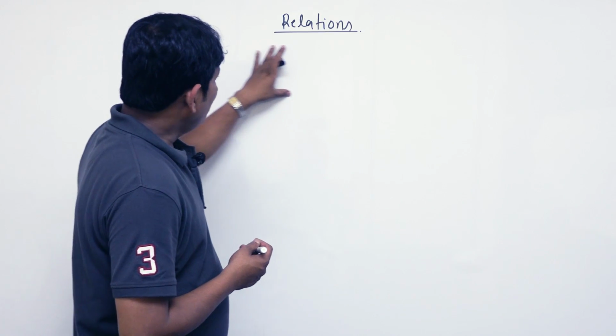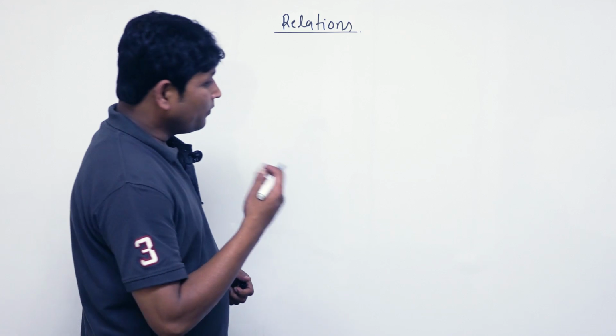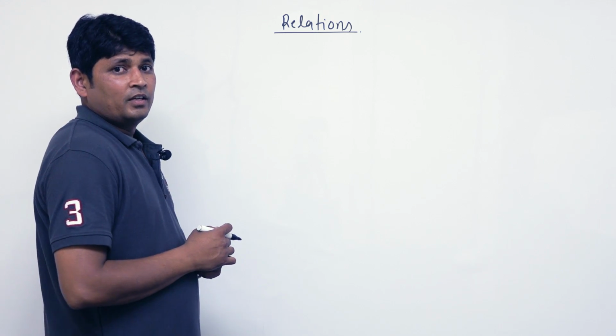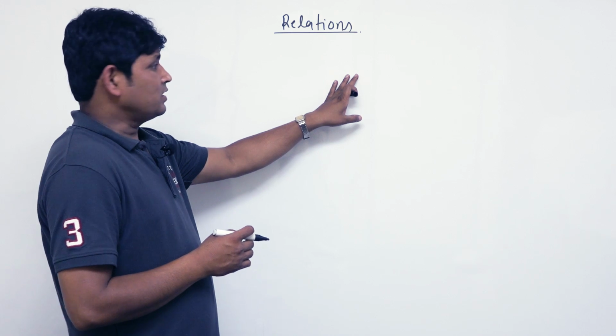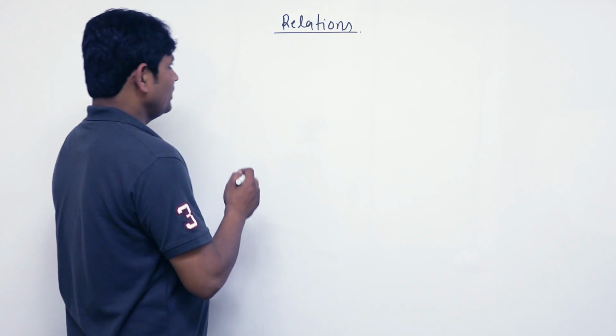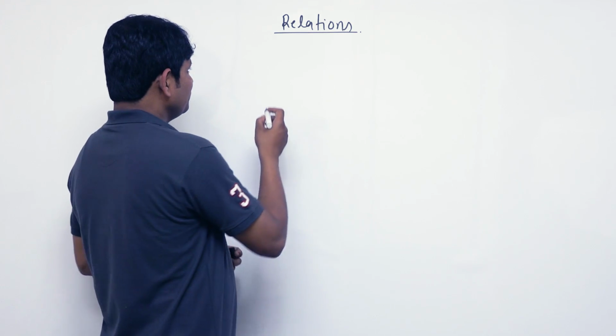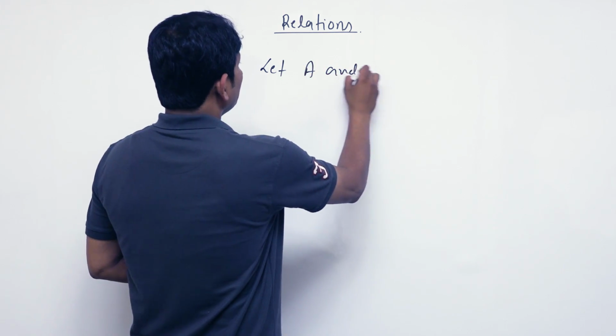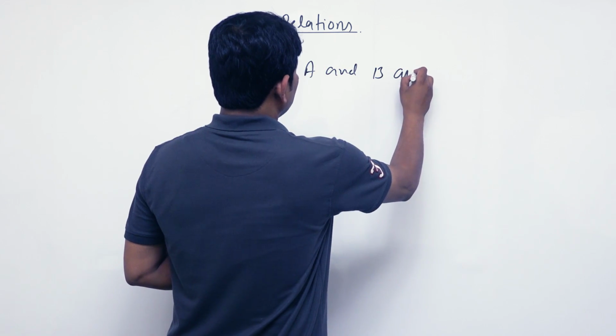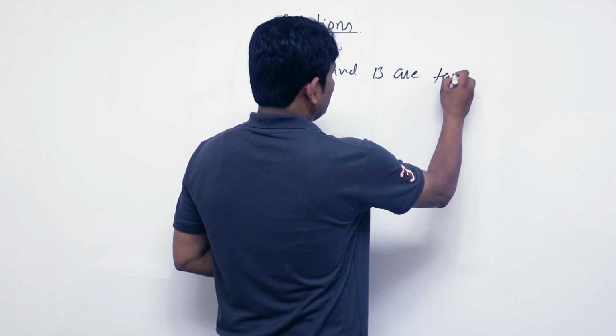Okay. So now we can define relation as follows. Let A and B be two sets.